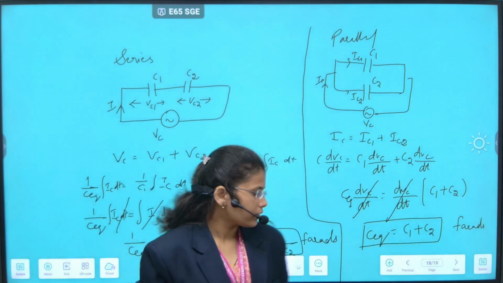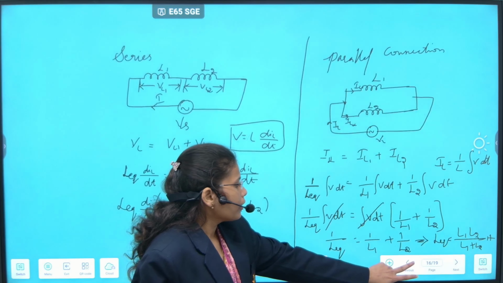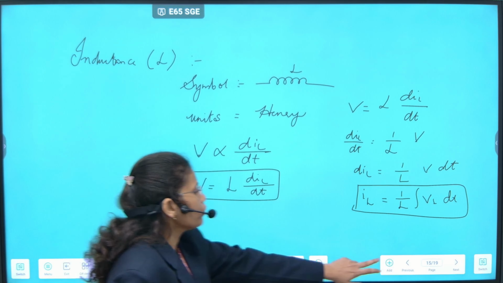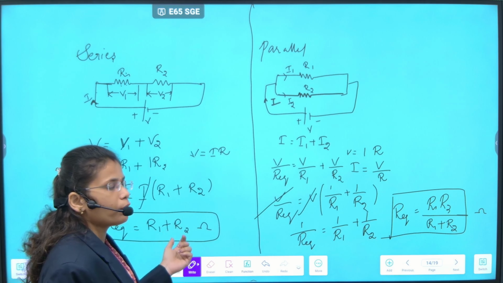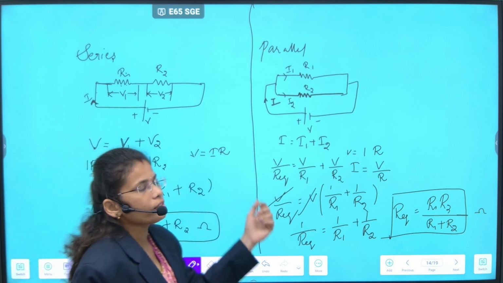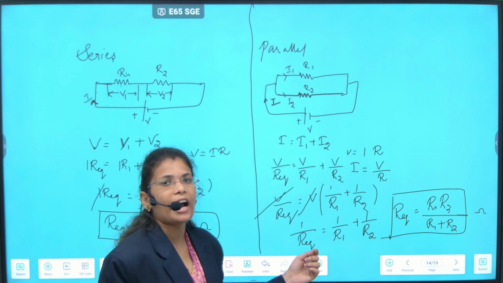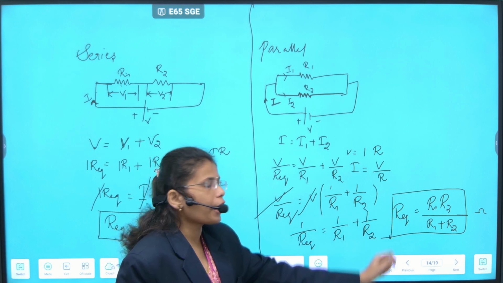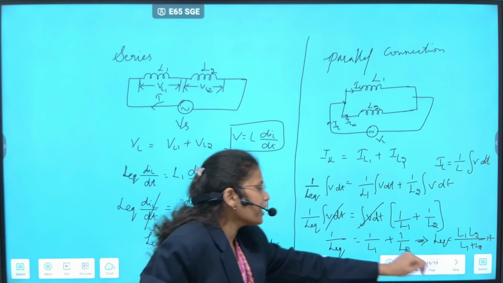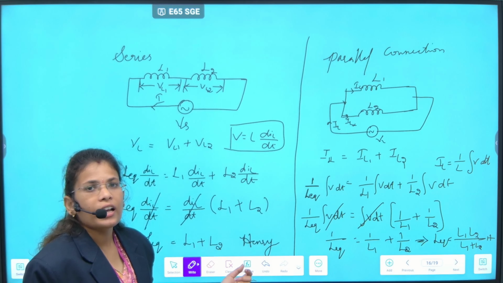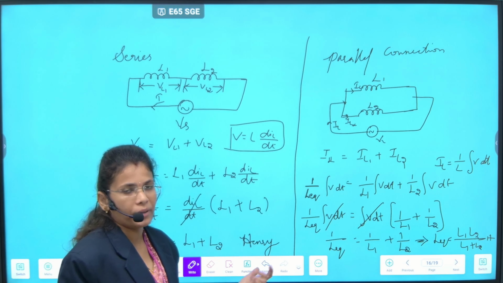When two resistors are connected in series, R equivalent is R1 plus R2. When two resistors are connected in parallel, R equivalent is R1 R2 by R1 plus R2. When two inductors are connected in series, L equivalent is L1 plus L2.